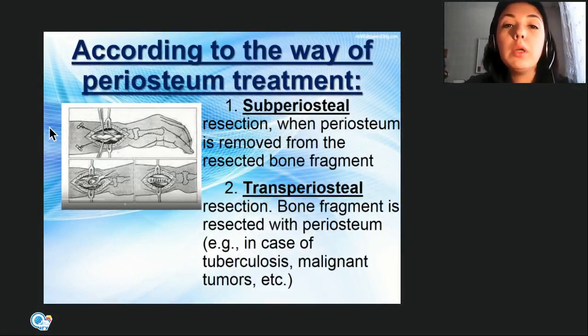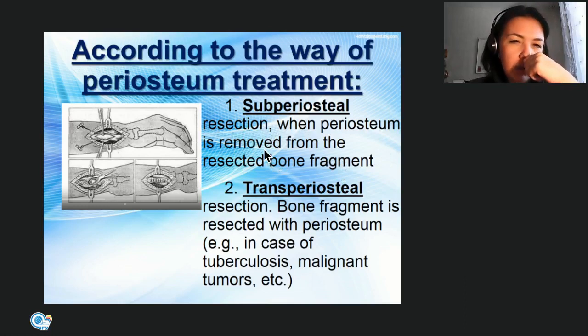According to the way of periosteum treatment, resection, as well as osteotomy, can be subperiosteal or transperiosteal. So subperiosteal resection is certainly preferable, when the periosteum is removed from the resected bone fragment. What does it mean?